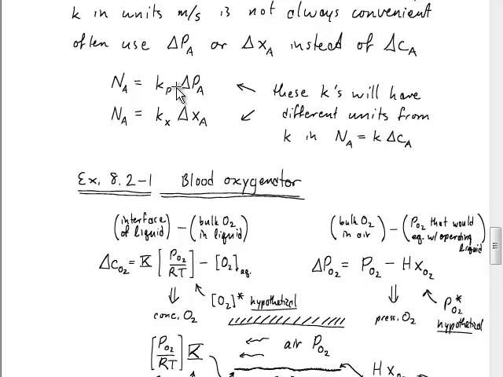So you can't just convert concentration in the liquid into a concentration in the gas, multiply by gas constants and temperatures and get partial pressures, for example.